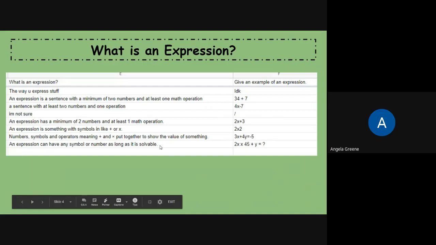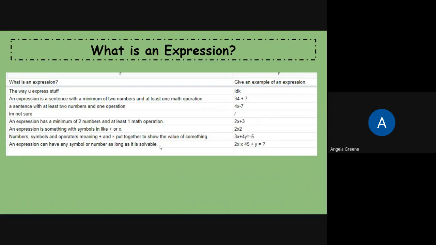In your attendance check from Tuesday, I asked, what is an expression? And then give an example. Some of your responses are, an expression is a sentence with a minimum of two numbers and at least one math operation. A sentence with at least two numbers and one operation. Now, I'm not sure.